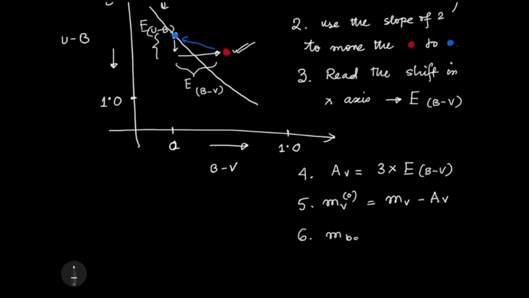And I can calculate the bolometric magnitude now, which is M V0 plus bolometric correction at V band. I'm sorry, this doesn't give me temperature. I'm extremely sorry. This gives me the bolometric magnitude, which will give me the luminosity.